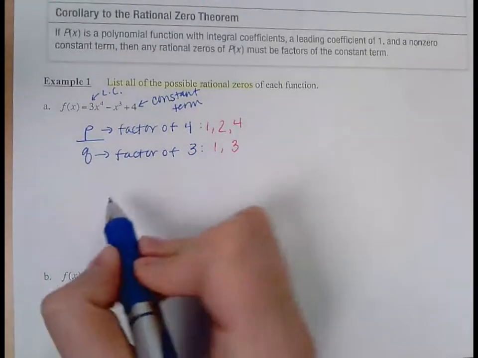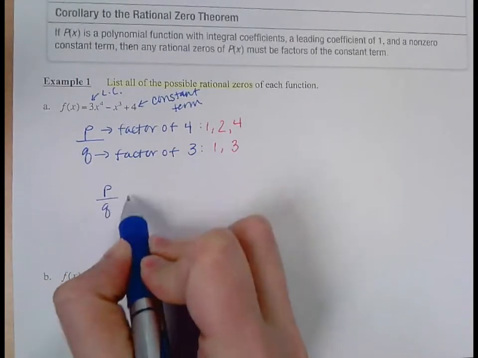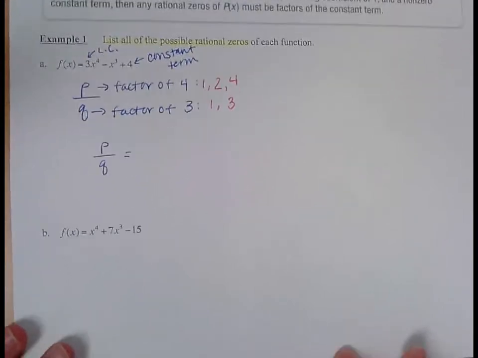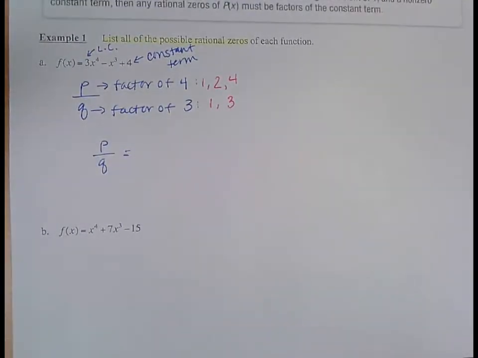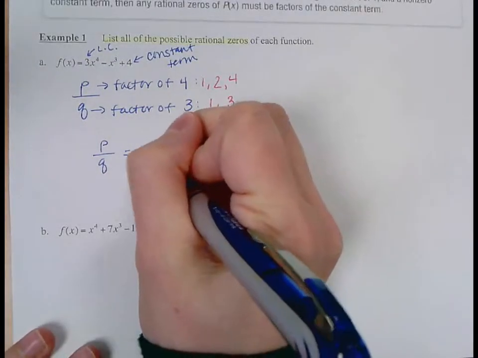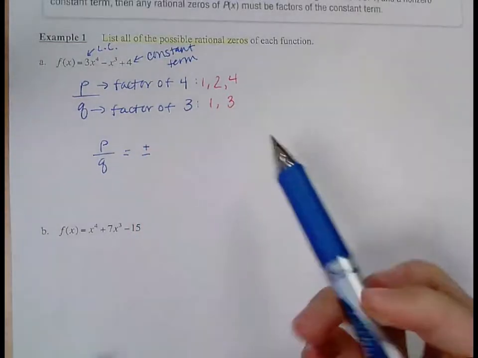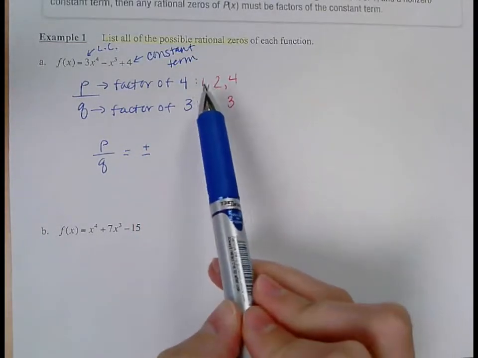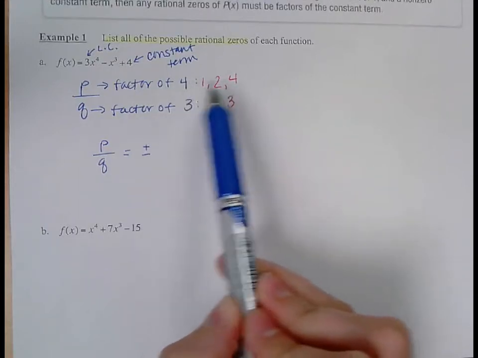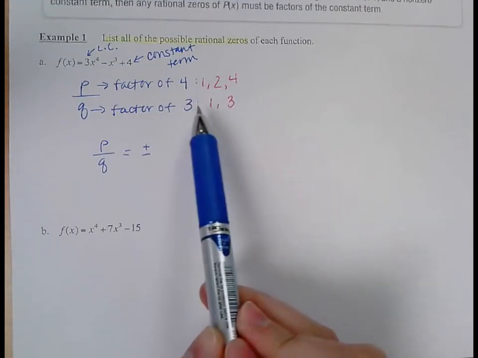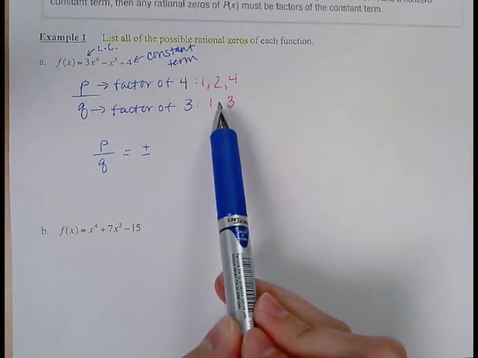All right, so coming up with our actual list. Now in this list, any of our numbers could be positive or negative, since a positive or a negative could be a factor of a number. So in front of each number, I'm going to include plus or minus. This is typically how I work through it: my numerators all have to be factors of 4, so 1, 2, or 4. My denominators all have to be 1 or 3, factors of 3.